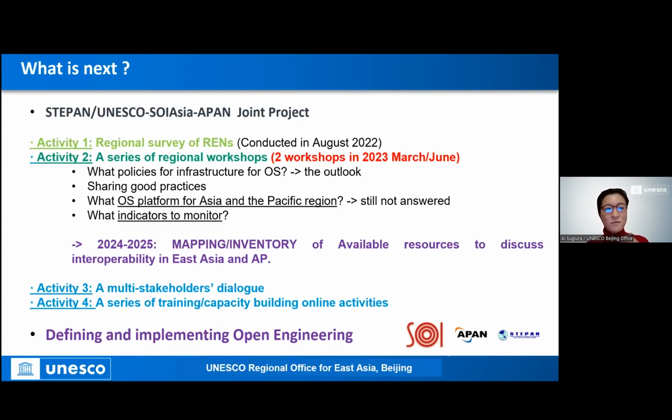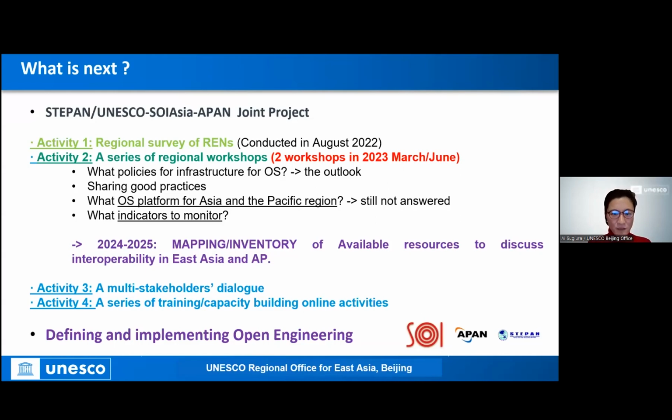Two years ago, we ran a survey with the Research Education Networks. Research Education Networks are dedicated internet for research and education, and in each member state you have one or several. They provide the infrastructure and the connectivity, and they can have different roles.